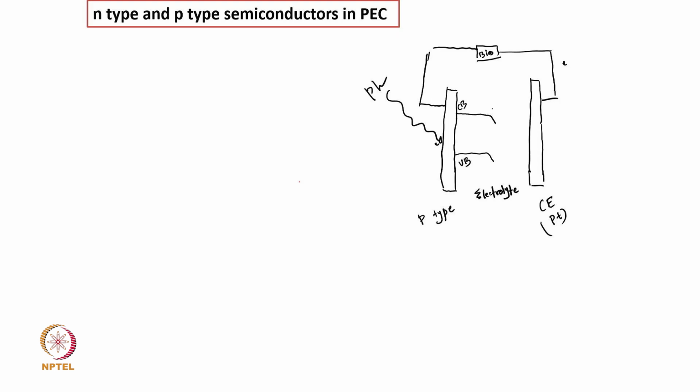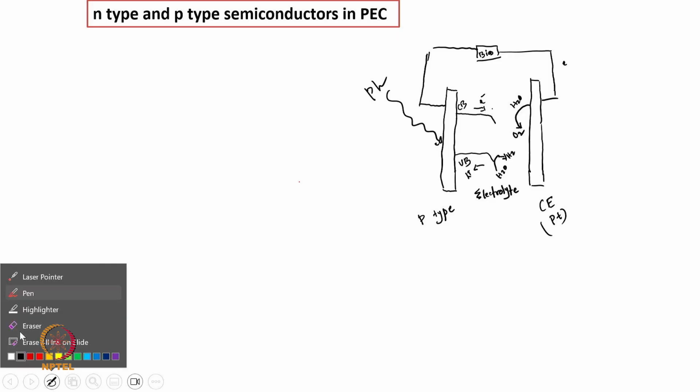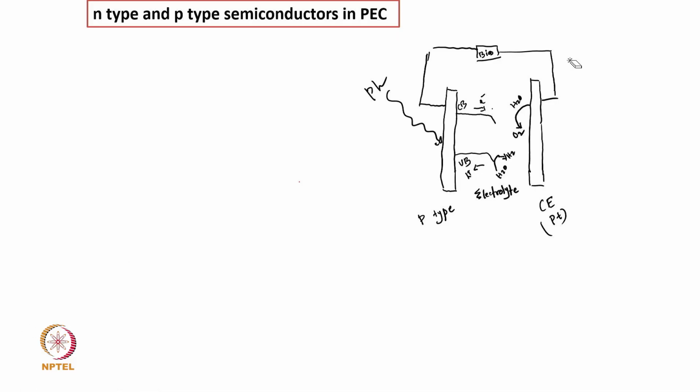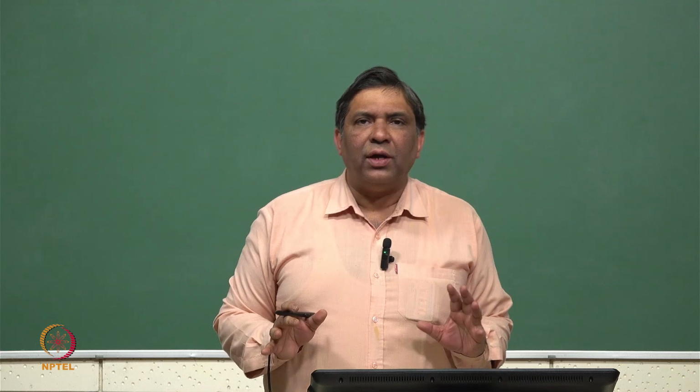So the photoelectrode is now the P-type semiconductor. Now the electron will move in this direction and the hole will move in this direction, okay. And then here we have H2O to hydrogen production, or the HER reaction, and here we have H2O to oxygen production, okay. So these are two important configurations.